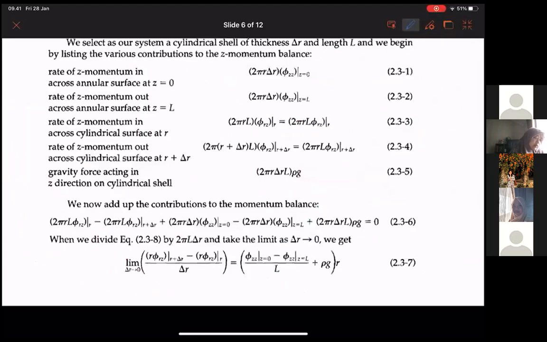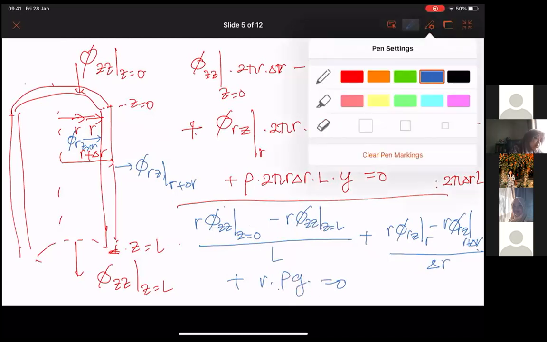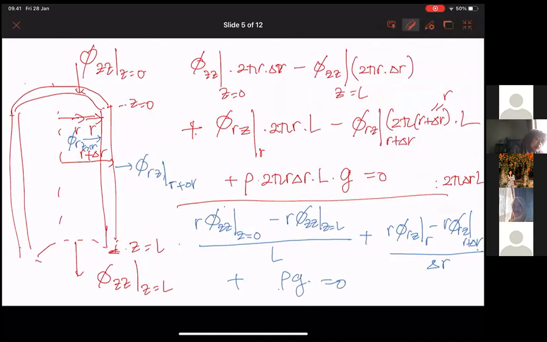Here, this is rho C_zz at z equal to 0 because we divide by 2πR delta L, divided by L, and here we divide also by delta R, and this is R rho g, or rho g R. I think maybe I'll just rewrite them as rho g R.